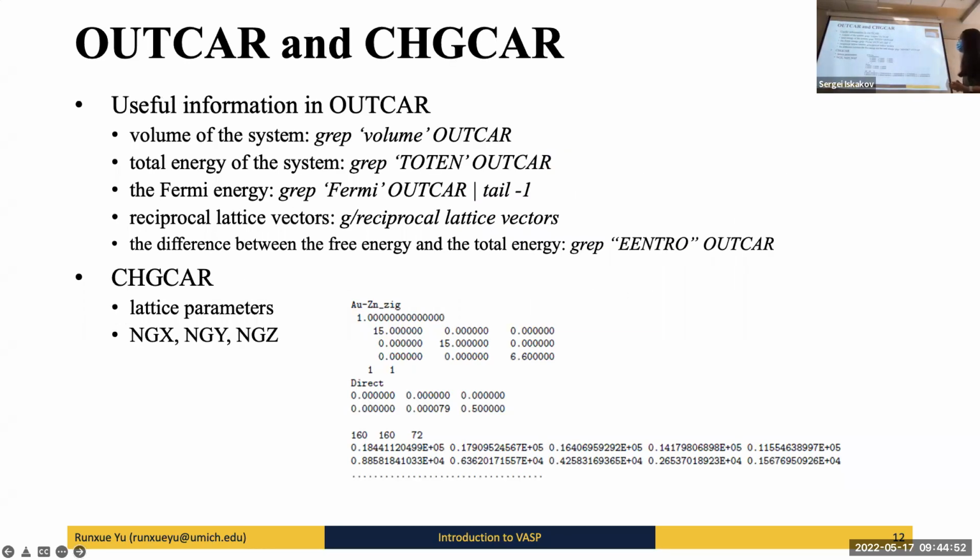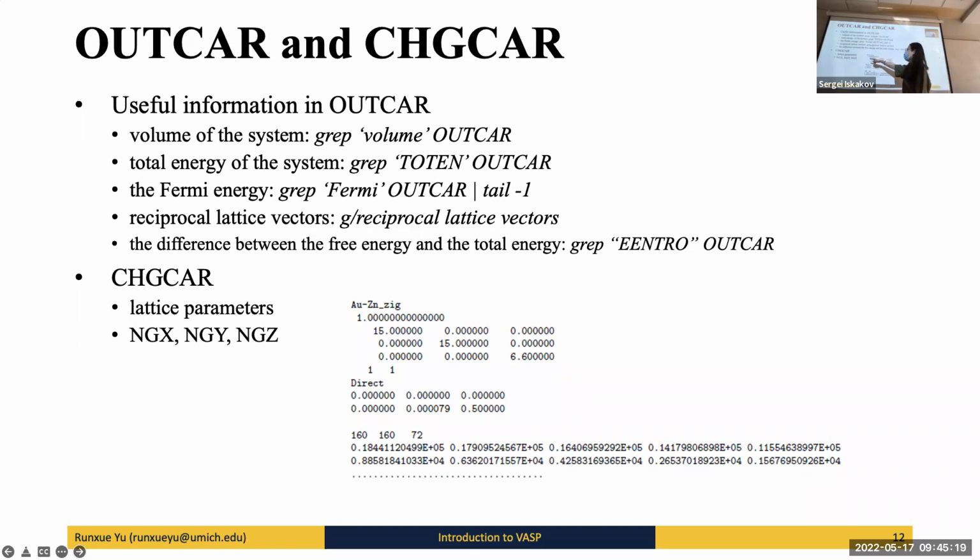So OUTCAR will be a very large file with a bunch of information in it. And the most frequently used information I have listed here. You can check the volume of the system by grepping volume. And you can check the total energy of the system by grepping total energy. And for the Fermi energy, you can grep Fermi in OUTCAR.